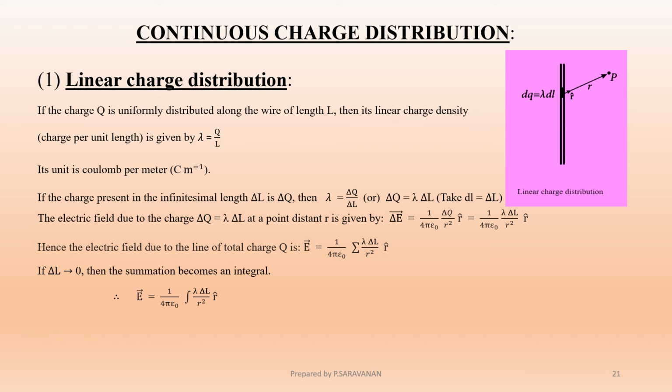Now let us take a point P to the right hand side of the wire. At that point P, we will first find the electric field due to the infinitesimal charge dq.